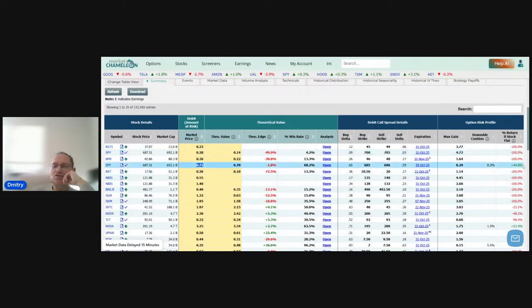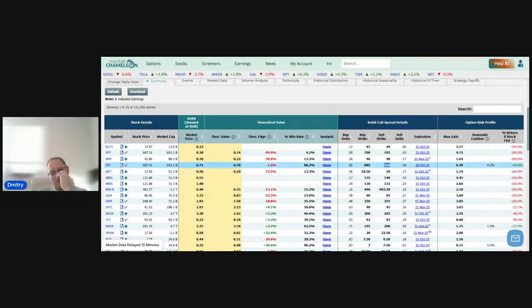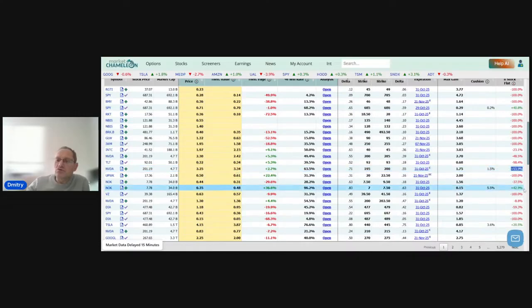And since the stock is already above, at 687.31, it's above this 686. Basically, as long as it stays above 686, you would achieve that maximum gain. So that's another way to really quickly scan for those types of opportunities.